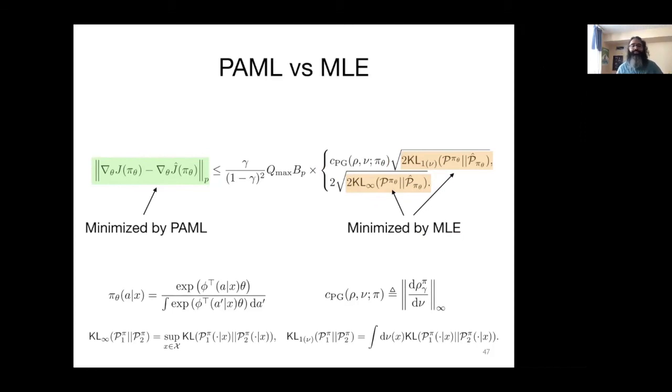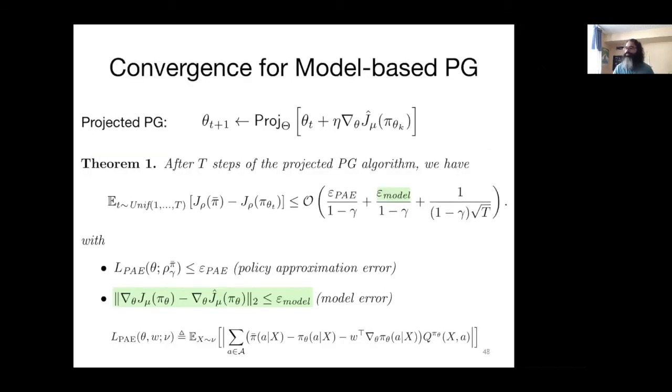But what PAML is trying to do is to directly minimize the left-hand side, which is how accurate the policy gradient is according to the model and according to the true value. So that's a basic idea.